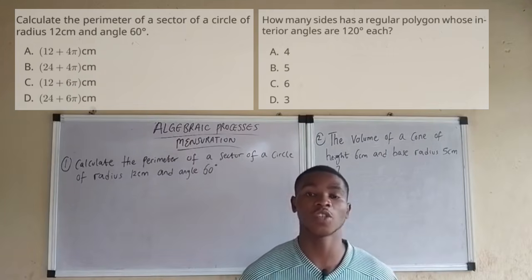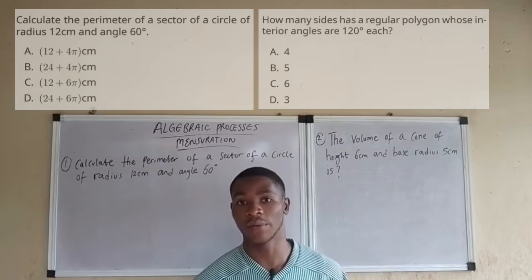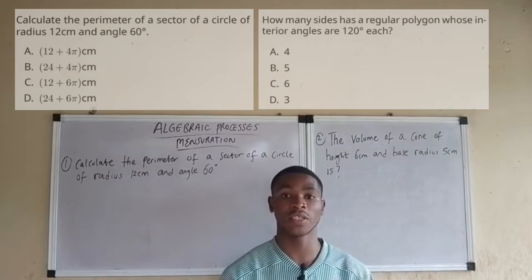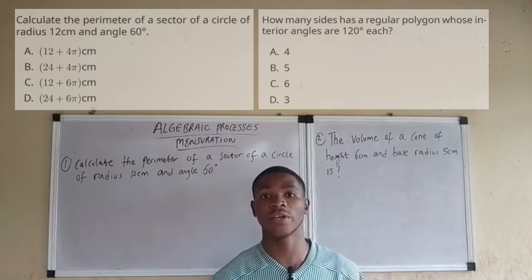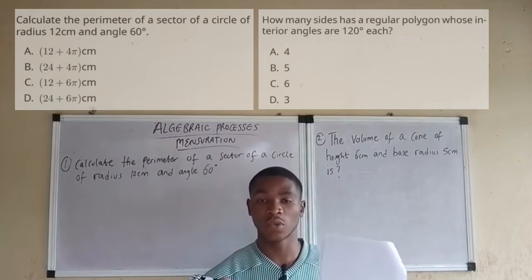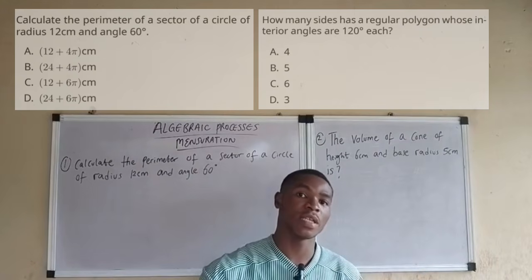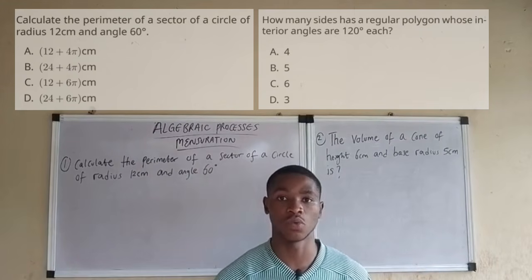For example, when you talk about curved surface area, total surface area, you need to know what that means. When you talk about curved surface area of a cylinder, you're just talking about the area of the body of that cylinder. All right. But when you're talking about the total surface area, you're talking about the area when one part of the cylinder is closed and the other part of the cylinder is closed. You understand?